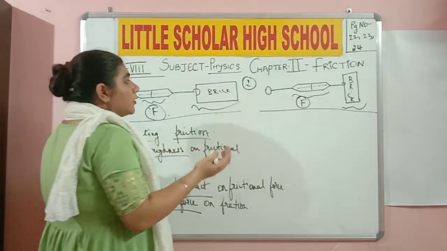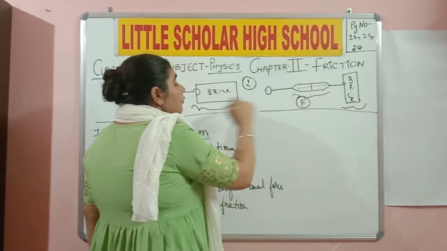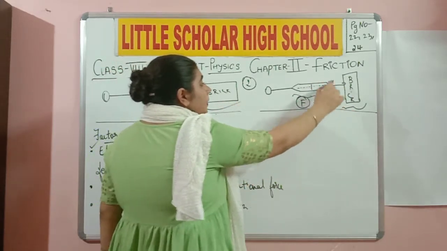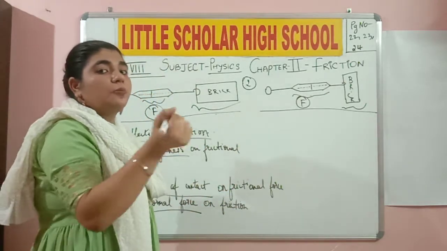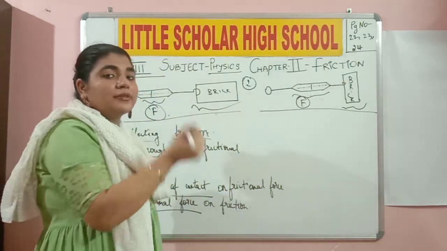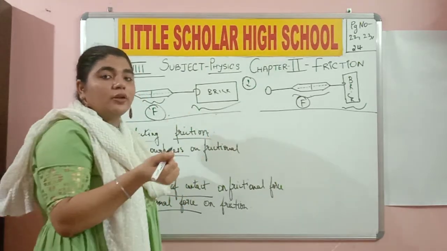It doesn't matter if I place the brick horizontally or vertically. The amount of force used by me to pull the brick is always going to remain the same. This means frictional force is independent of this particular quantity over here.